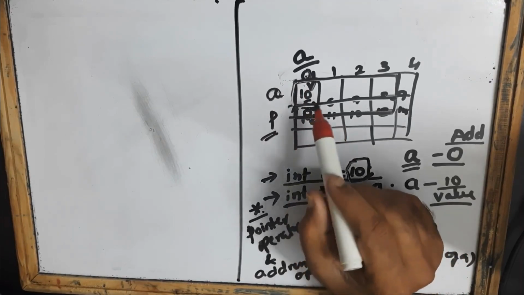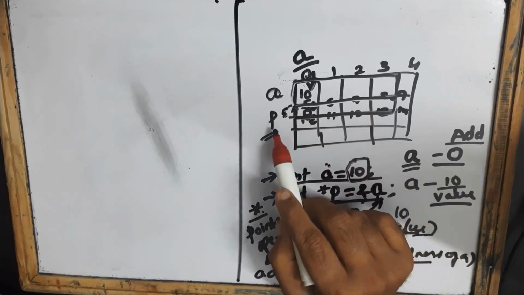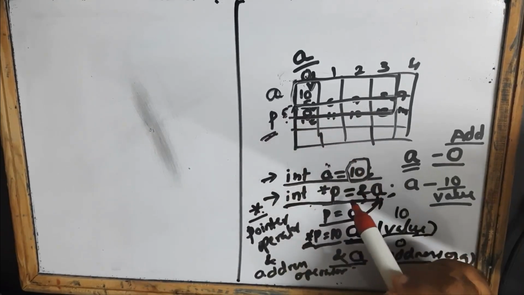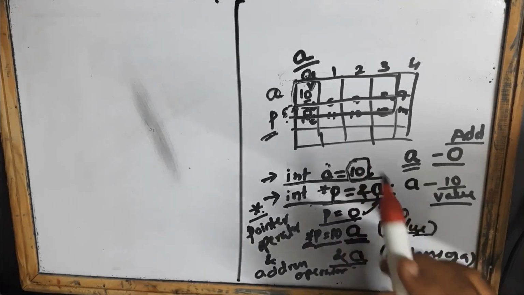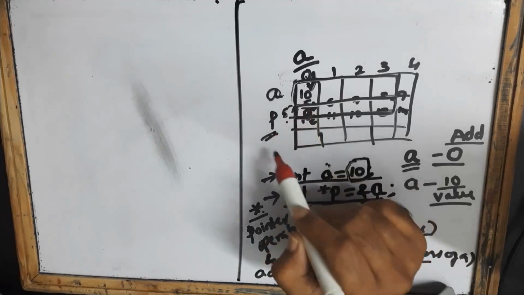The pointer is assigned at 5, that means the address of P is 5, and at P the address of A, which is 0, will be stored.